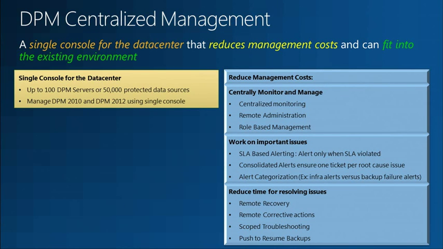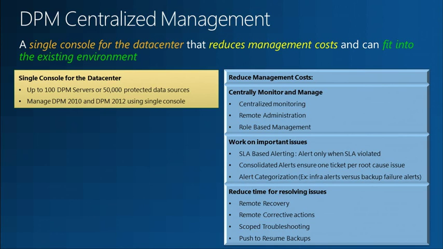For example, if you are running backups once every 15 minutes, would you want to jump on each and every failure that happens? Or would you want to jump on it only if backups have failed continuously for more than an hour or a couple of hours, right? So you can set your SLA. With alert consolidation and SLA-based alerting, we reduce the number of alerts that come in.